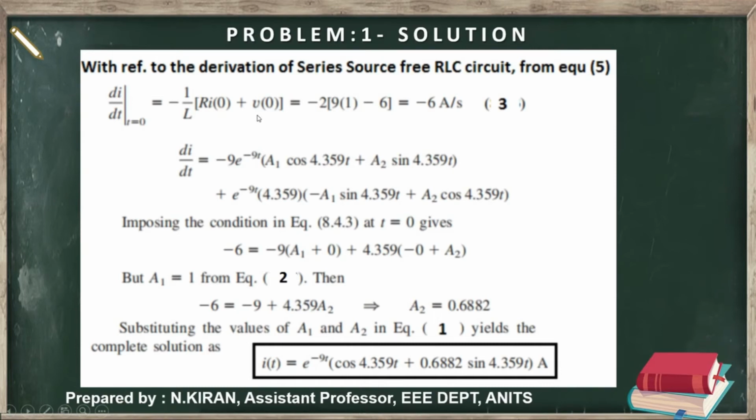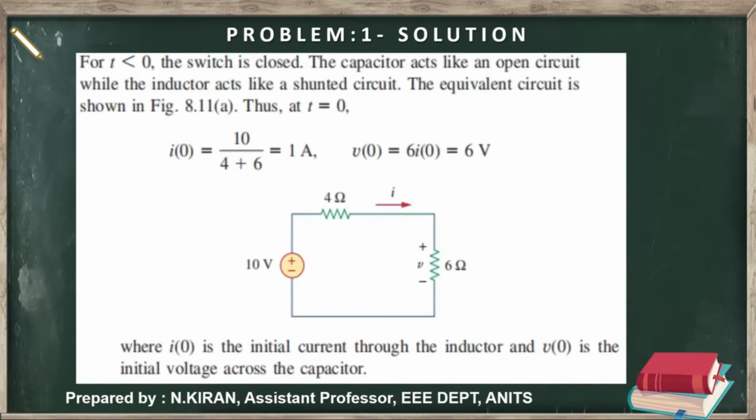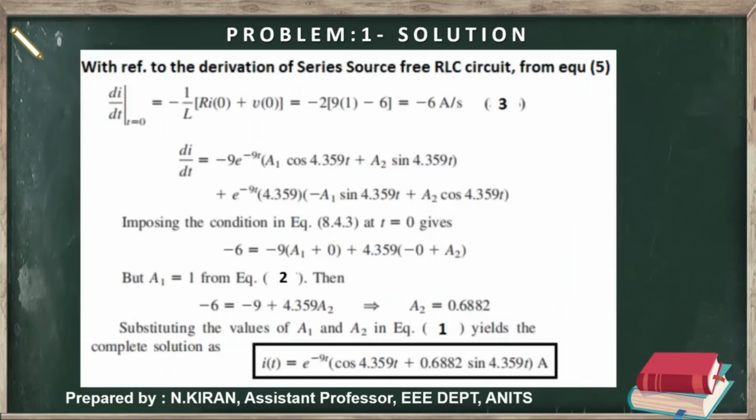Substituting all the values we have obtained: I of 0 is 1, R value is given as 9, V of 0 in this case is 6. So we will get di by dt at t is equal to 0 to be minus 6 amps per second.